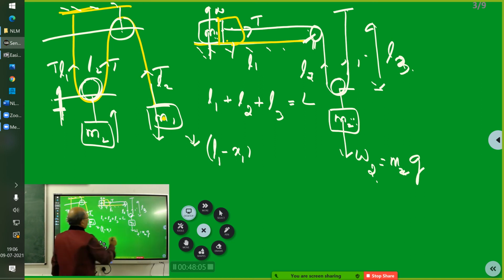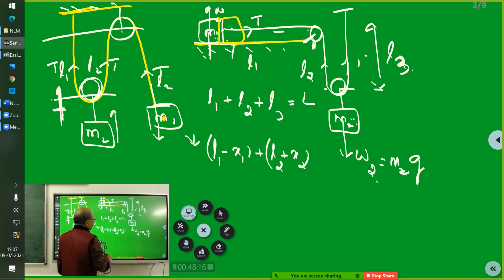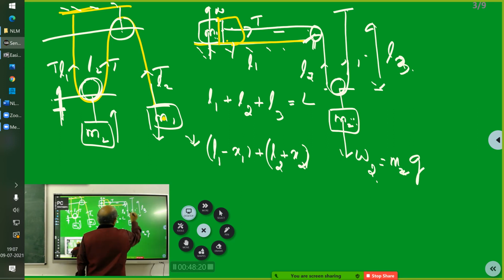Now because this has decreased, this L2 will increase, so L2 plus x2. With respect to this mass, this one would have come down. So this becomes L2 plus X2.